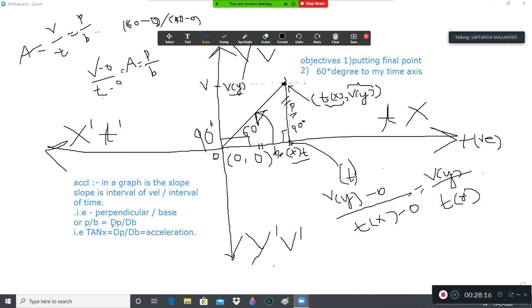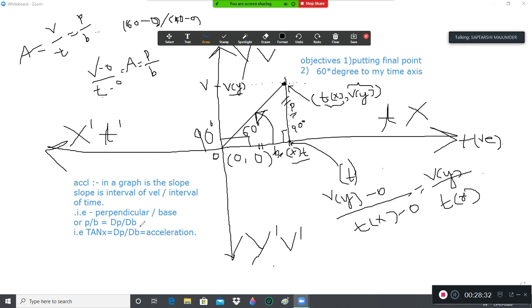This is written as dp divided by db. D is nothing but derivative. We will talk about it in the next video, but till now just understand it. It's very easy if you use this formula to relate with this one.